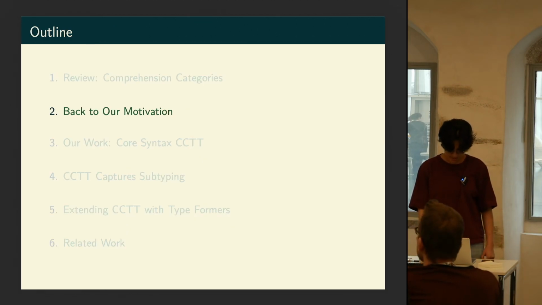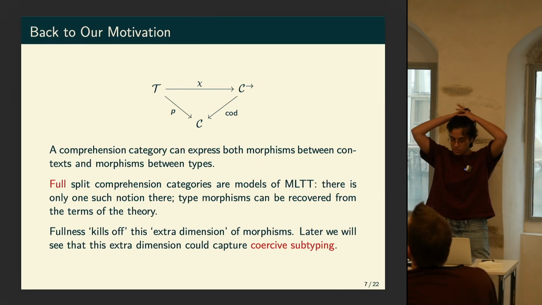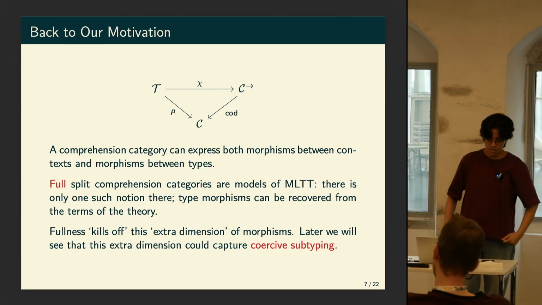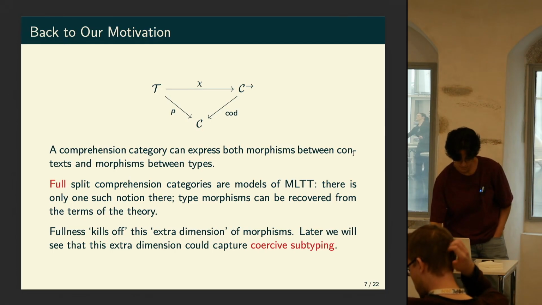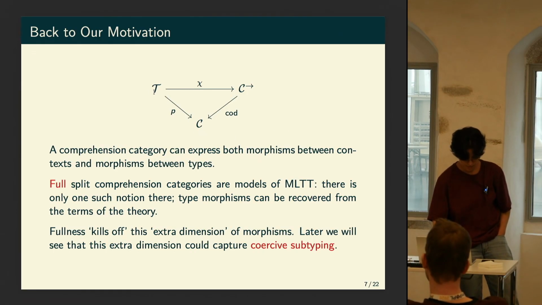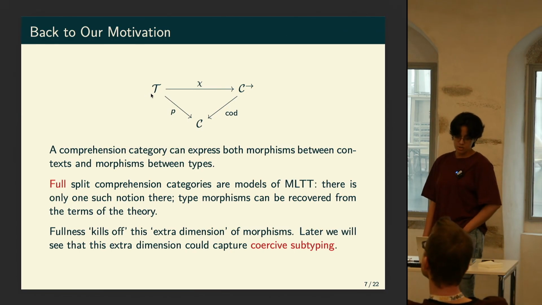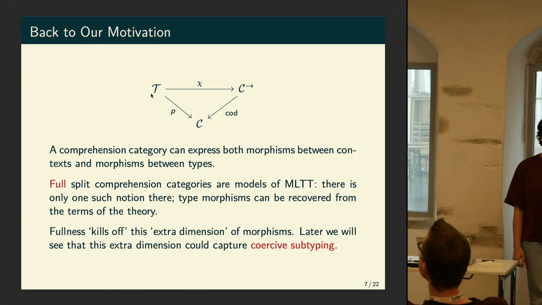But before that, back to our motivations. What I precisely mean is that a comprehension category can express both morphisms between contexts, the morphisms here, and morphisms between types, the morphisms here. But whenever you restrict to full comprehension categories, you are essentially killing off one of these extra dimensions of morphisms. Why?